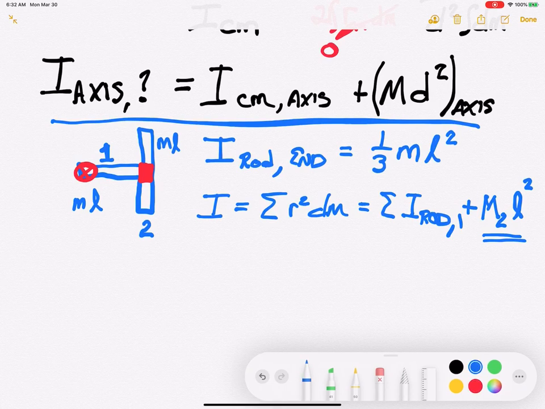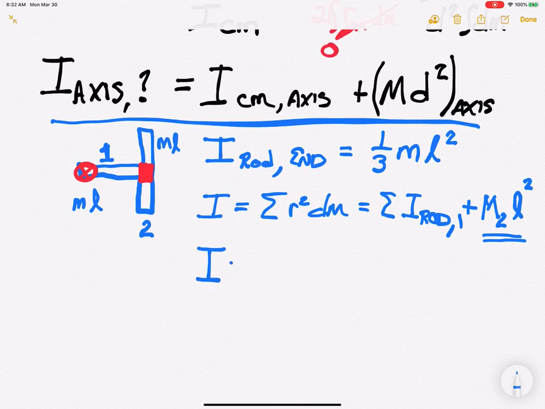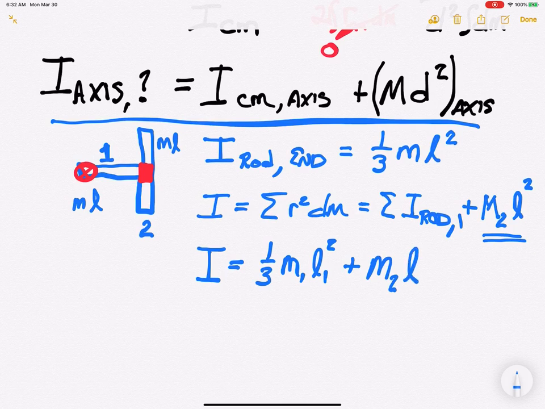So this thing has a moment of inertia, which is 1/3 mass 1 length 1 squared plus a mass, which happens to be 2, plucked at the end of length 1.